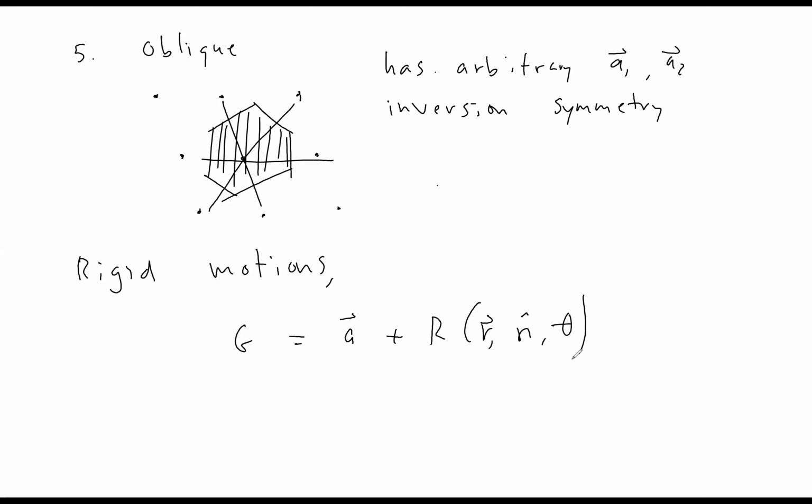This is kind of unusual notation, but it's supposed to mean that any rigid motion of an object can be decomposed into displacement by a vector and some arbitrary rotation.